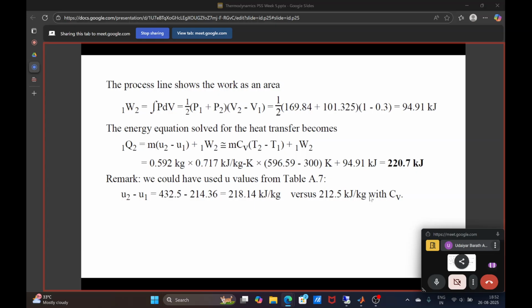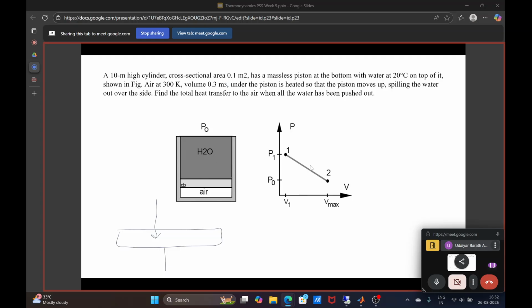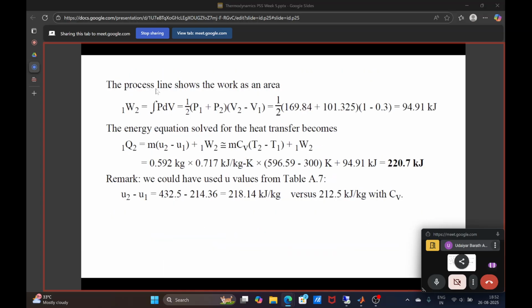So what is the work which is done? Work done is the area under the curve. Straight away we can find it out, or you can find out how the pressure is varying with respect to volume, and then integrating that will give you again the same expression, half P1 plus P2 multiplied by V2 minus V1. So those are the two approaches.